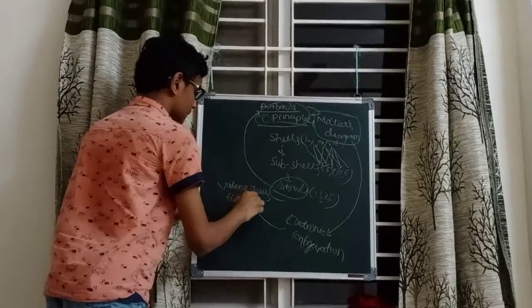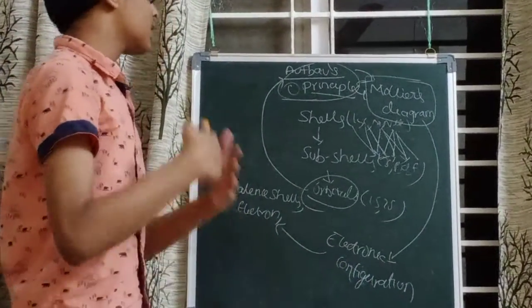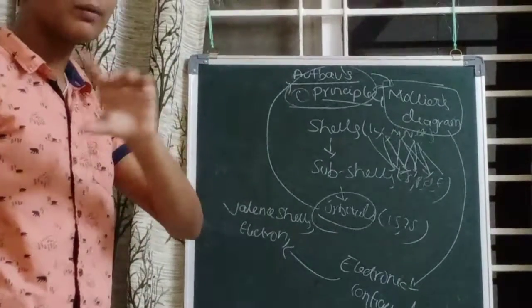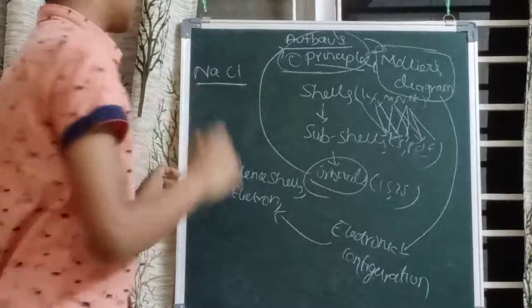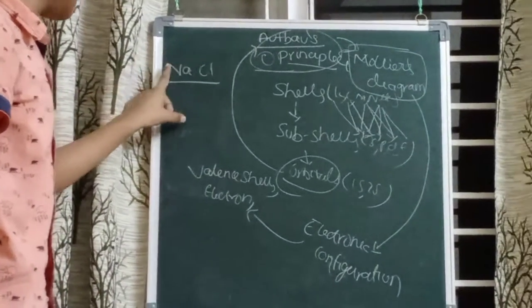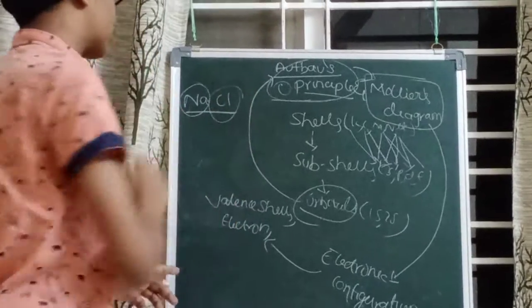And while discussing bonds, this will be very helpful. If you want to find how many electrons are shared in NaCl, what is the valency of sodium, what is the valency of chlorine?